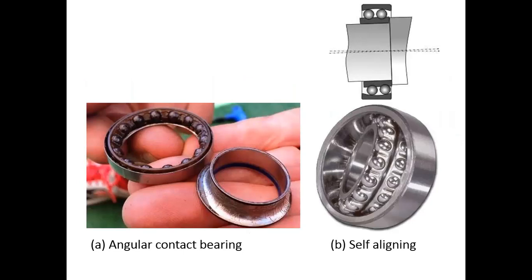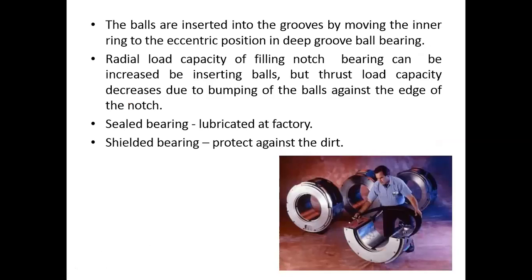But if we are using a self-aligning rolling bearing like this, a slight misalignment between the shaft axis and roller bearing axis is permissible. The balls are inserted into the grooves by moving the inner ring to an eccentric position in a deep groove ball bearing. Radial load capacity of a filling notch bearing can be increased by inserting more balls, but the thrust load capacity decreases due to the bumping of the balls against the edge of the notch.